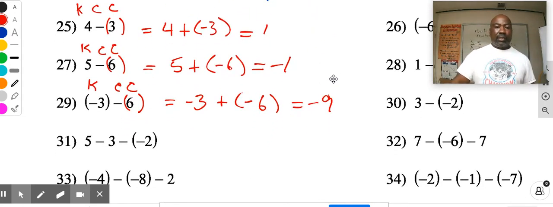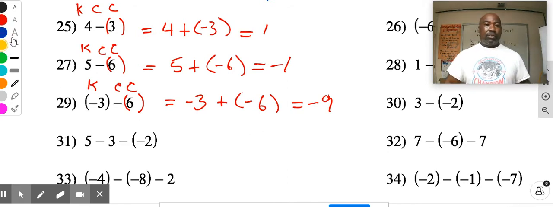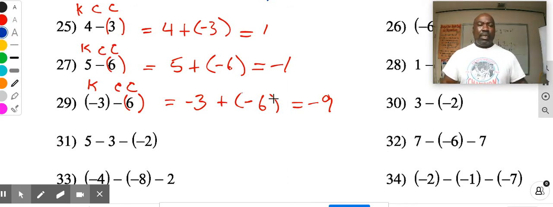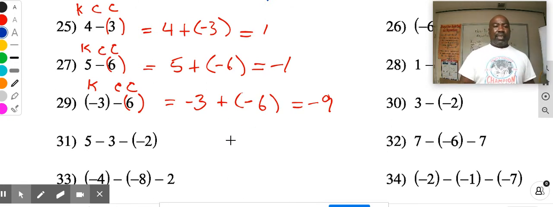Now you can take a look at this really quick. Let me get a different color right here. Now let's try blue. Just by looking at this right here, you'll know that 5 minus 3 is just what, 2? Or let's see if you want to apply keep, change, change because of the subtraction.